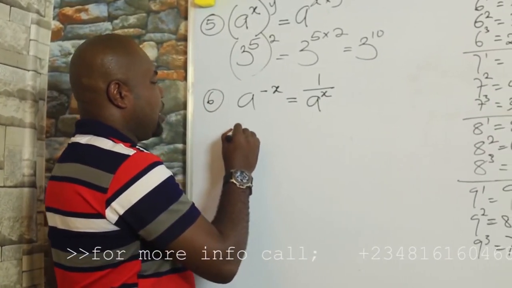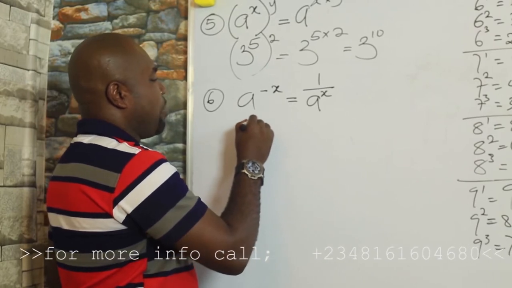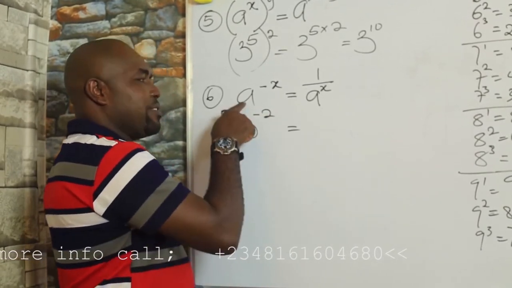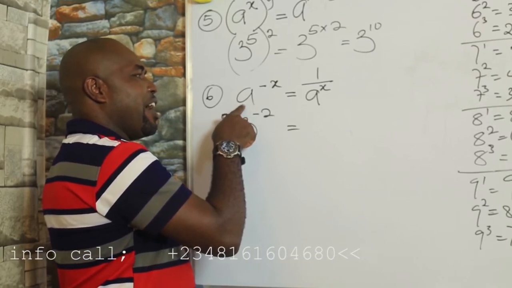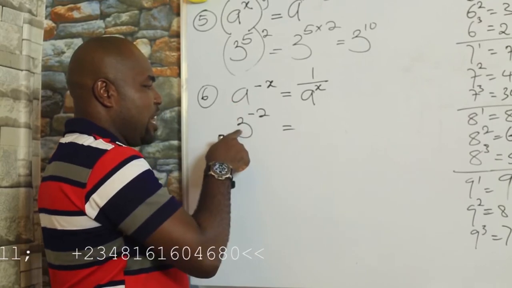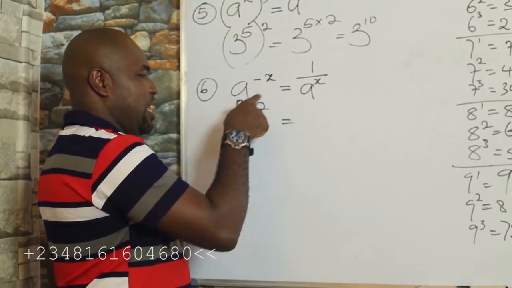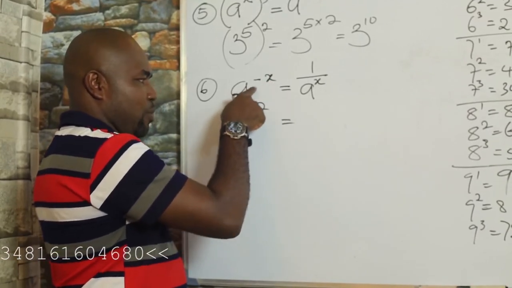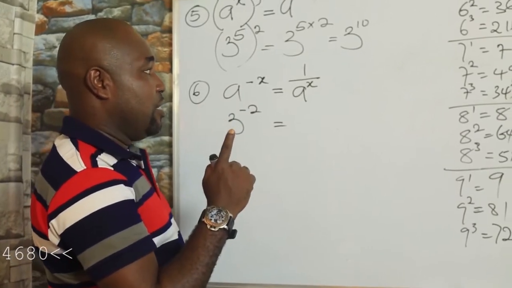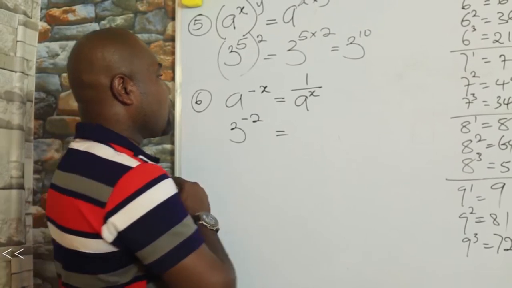Now, let us take an example. If we have something like this, 3 raised to power minus 2, this will be equal to, remember, I said if a and x are real numbers, we have represented a with 3, we have represented x with 2, and this is the negative sign, which is the reason we called it a negative indices.